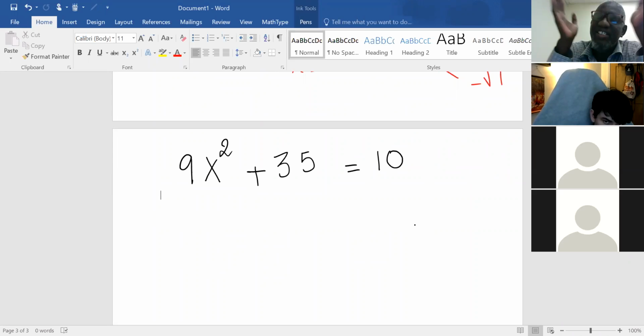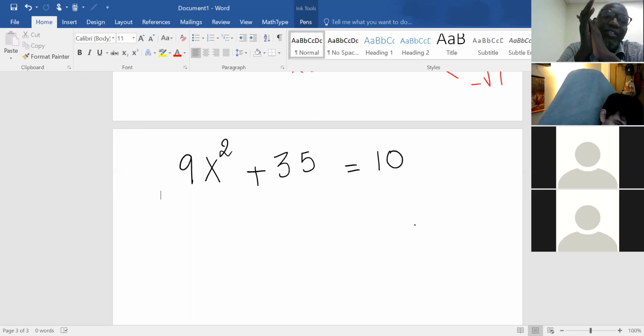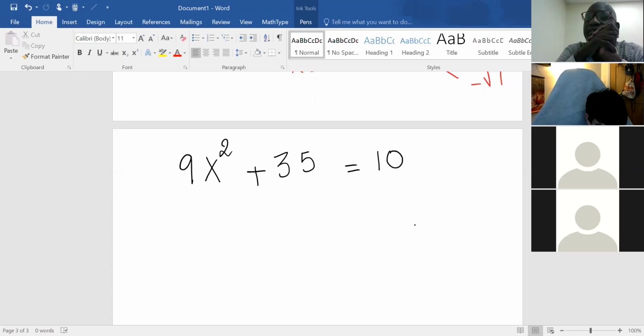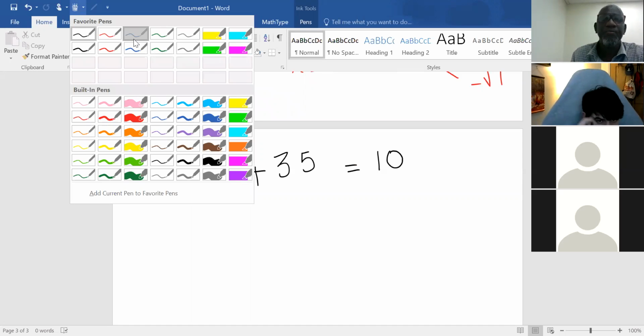How many times do I see x in this equation? I see x only one time. I just see x squared. I don't see x anywhere else. Which means in this equation, I have to get x squared by itself, and then apply the square roots on both sides. Don't forget plus or minus. These are the two steps.